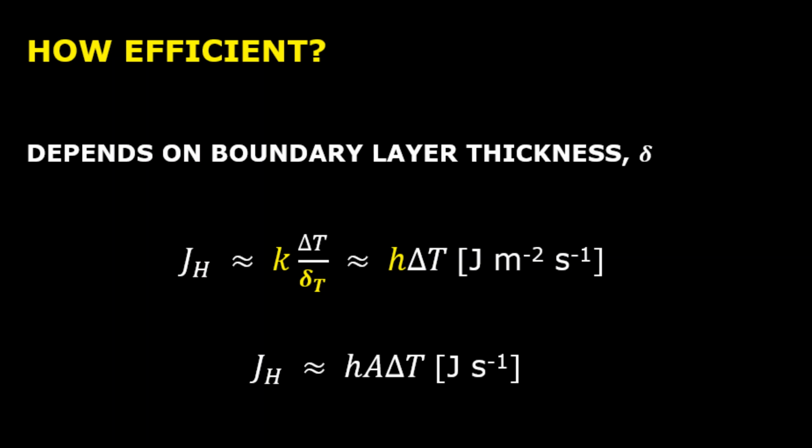Before finishing this video, I want to grab your attention for the last time. Similarly, we can define a concentration boundary layer for mass transport between a fluid and an interface. Indeed, the thickness of the concentration boundary layer will dictate, in this case, the mass flux between the surface and the fluid stream.